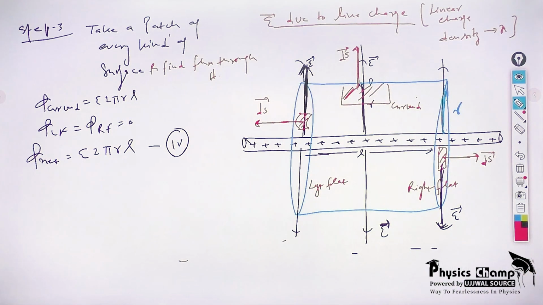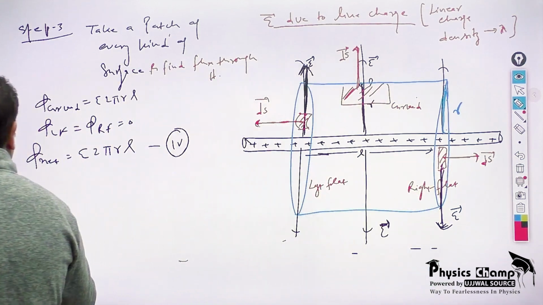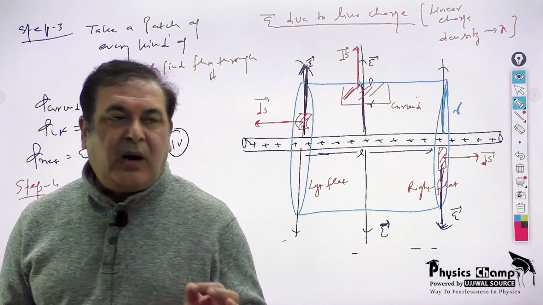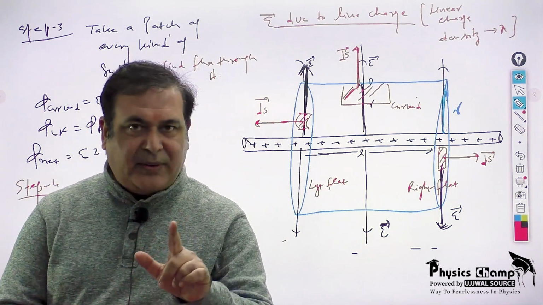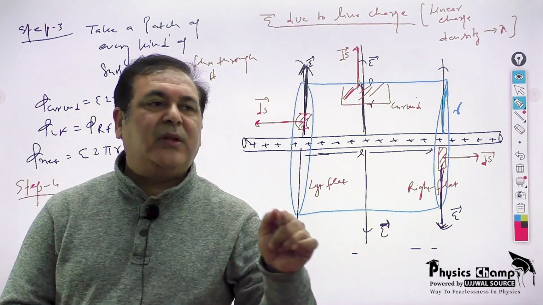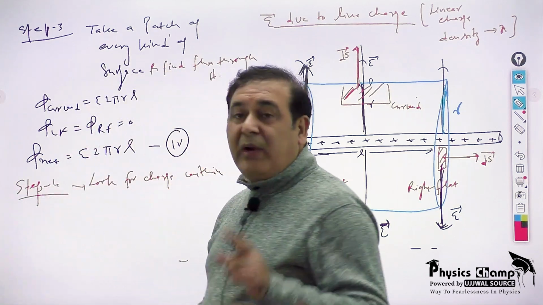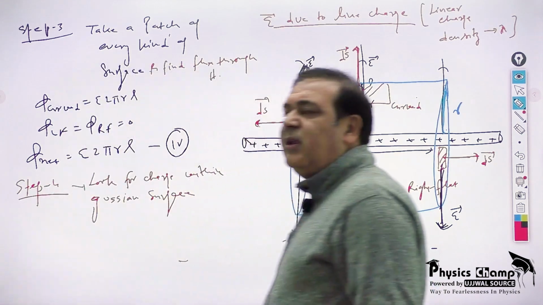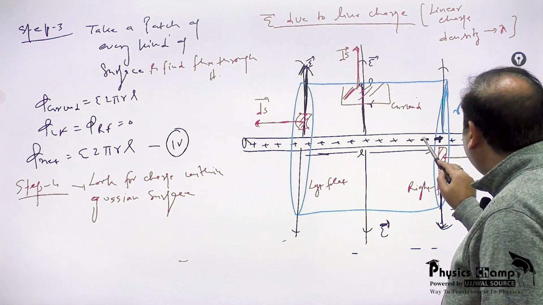Next, step 4: look for the charge within the Gaussian surface. Again I'll repeat, look for the charge within the Gaussian surface, because only the inside charge matters. If I'm looking for the charge within the Gaussian surface, it is just this much charge.